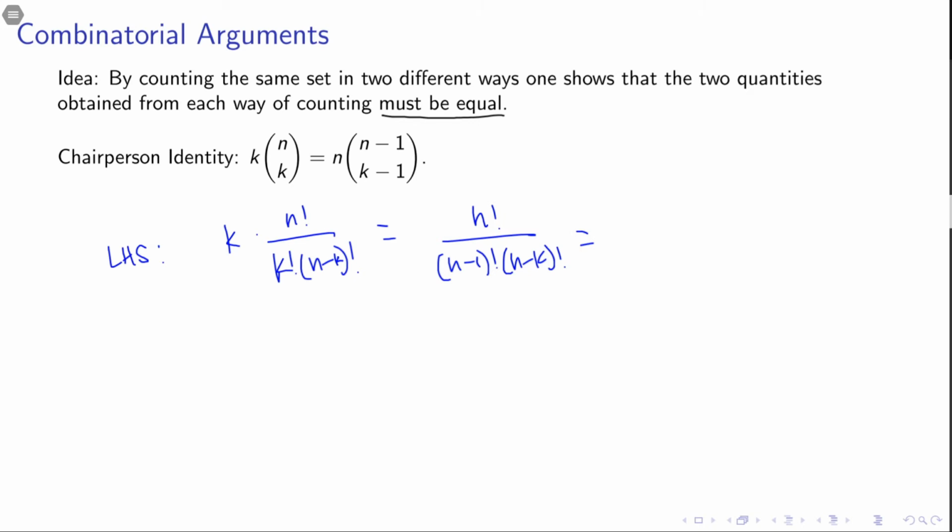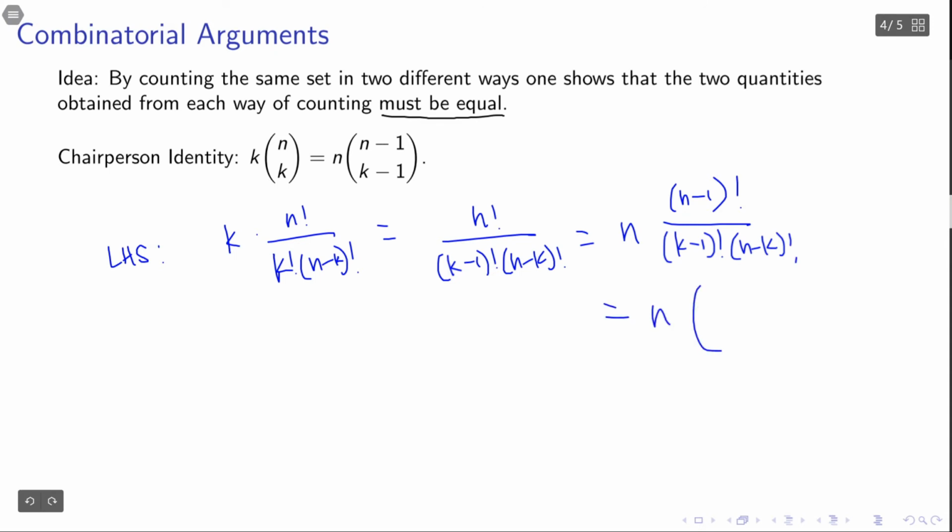And let's take out a factor of N from the numerator, leaving us with N minus 1 factorial. Oops, this should be K minus 1 factorial. So N minus 1 factorial, K minus 1 factorial, N minus K factorial. And this is exactly the binomial coefficient N minus 1 choose K minus 1. So it's quite easy to prove using algebra.